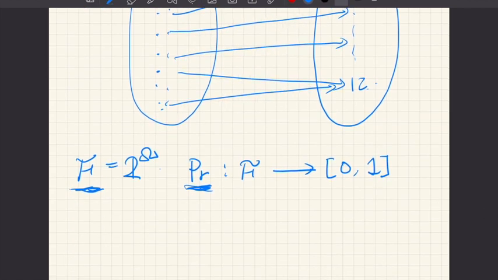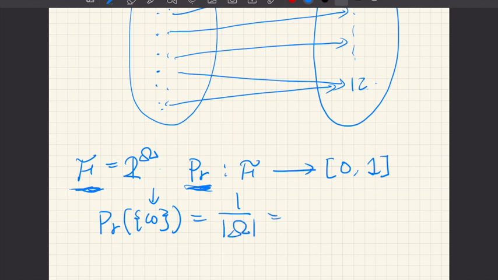So in that case, we can define the probability of each rat. So one rat, a subset consisting of one rat, has probability 1 over the size of omega, which in this case is 815. So we just take equal probability.